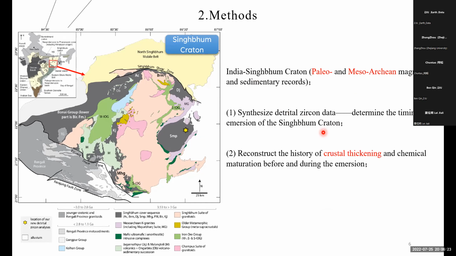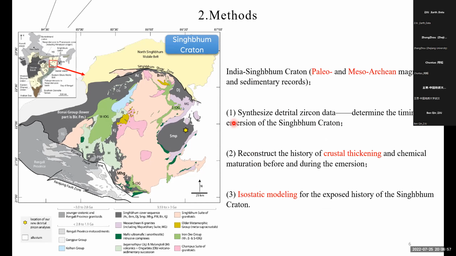And then they also try to reconstruct the history of crust thickening and chemical maturation before and during the emergence to explore the driving forces of the crustal emergence. And last but not least, they also use isostatic modeling to explore the exposed history of this Singbhum craton.